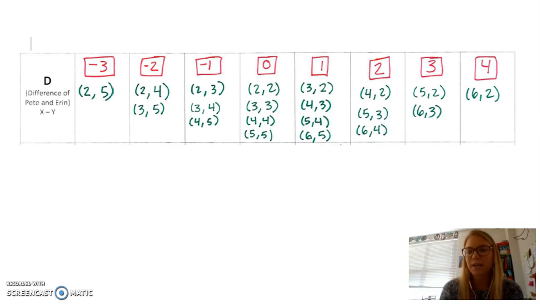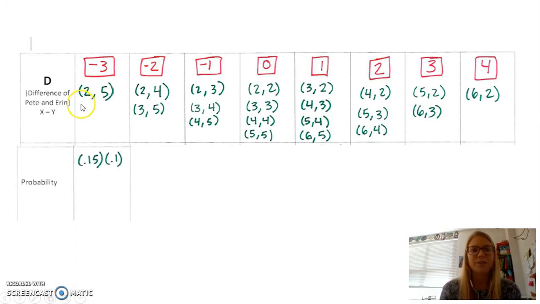More importantly, I want to figure out the probability that they are going to end up with negative 3. So the probability that Pete does better than Erin by 3 passengers, or the probability that Erin does better than Pete by 2 passengers, or by 1 passenger. I had to refer back to my original distributions, Pete and Erin.